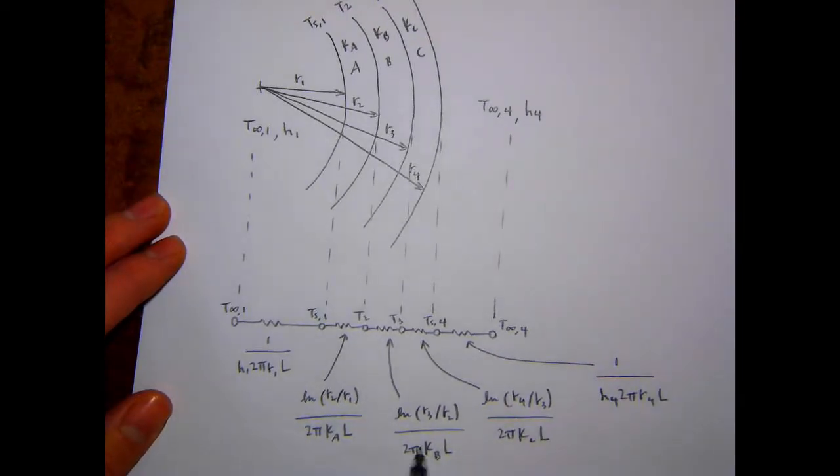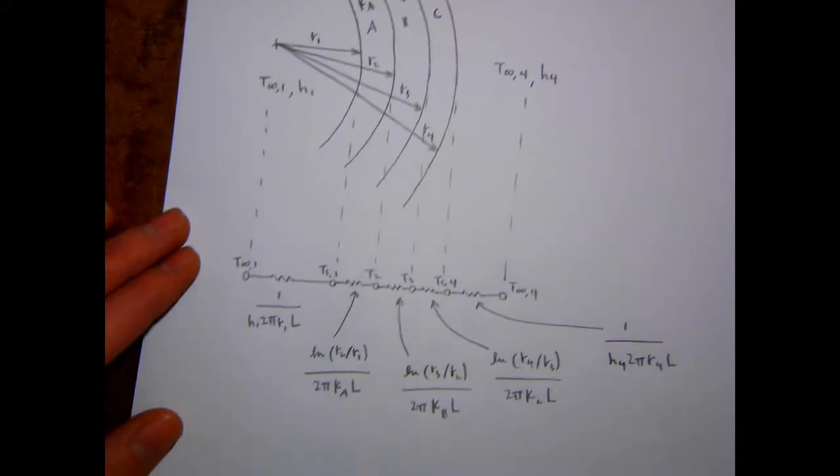And then the same thing for the other two solid sections for conduction. Here between T2 and T3, we use R3 and R2, KB, and then R4 and R3, KC, and then back to convection with R4. Okay.